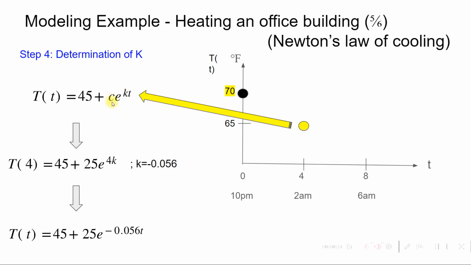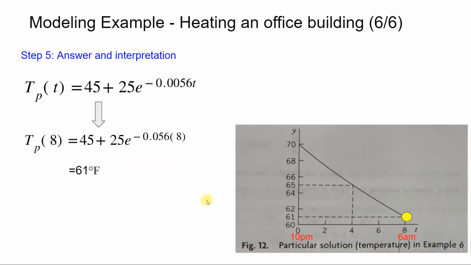Remember that C is 25, and the condition we plug into the T function is that the temperature equals 70 degrees Fahrenheit at 2 a.m., which is 4 hours after 10 p.m. So we plug T equals 4 into the function, and we get K equals minus 0.056. So we get the T function like this.